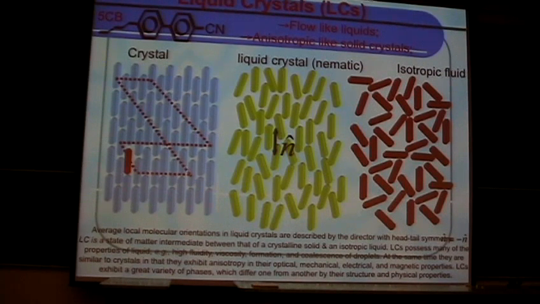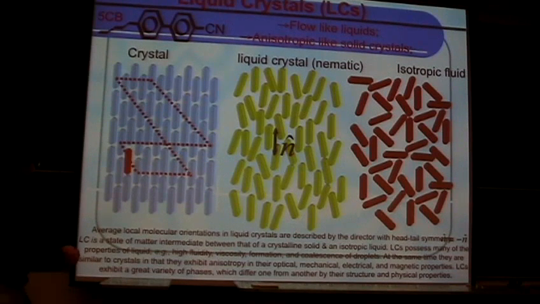So liquid crystals are media which combine those properties of solid crystals and isotropic fluids in a very unusual way, because they can have some degrees of order, such as orientational order in the case of nematic liquid crystal depicted in here, and at the same time they can also flow just like isotropic fluids.